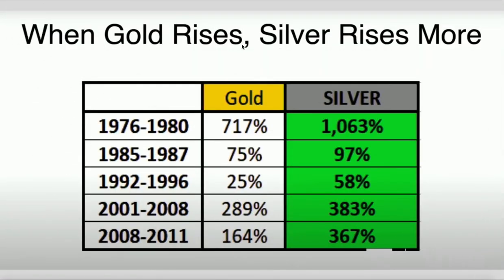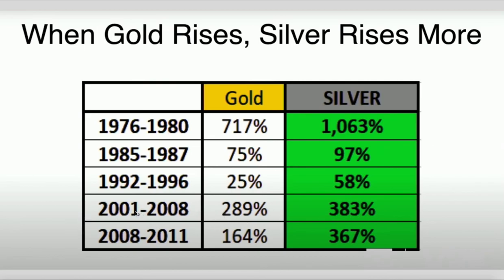What happens when gold rises? Silver rises more. So here, in 1976 to 1980, it went up 717%. Gold, silver went up 1,000. 85 to 87, and so on and so forth. And we saw these two periods here.